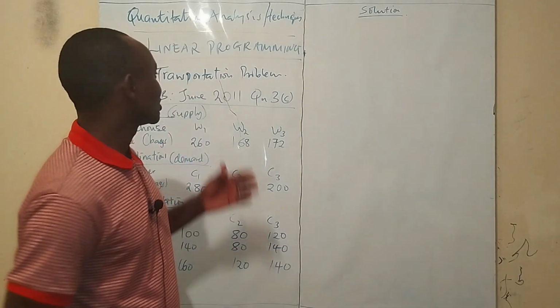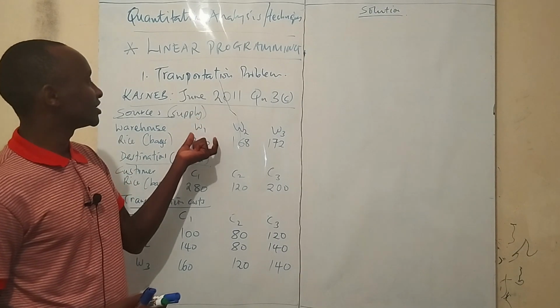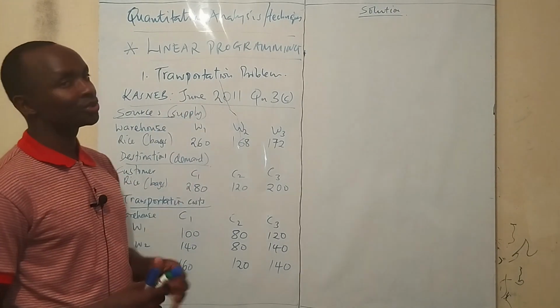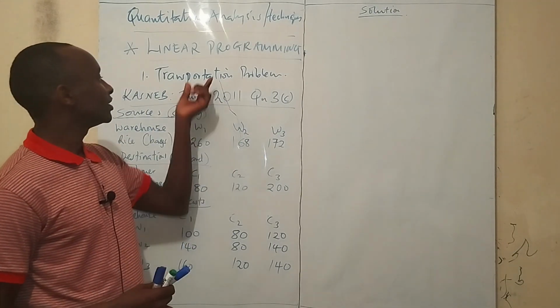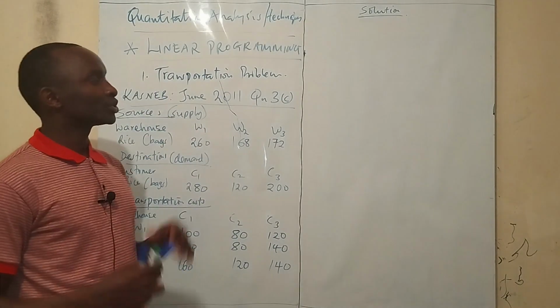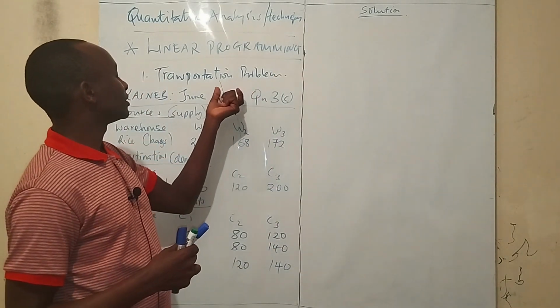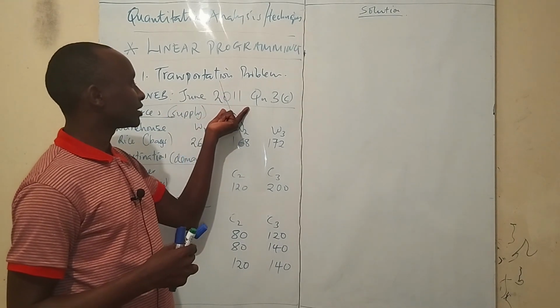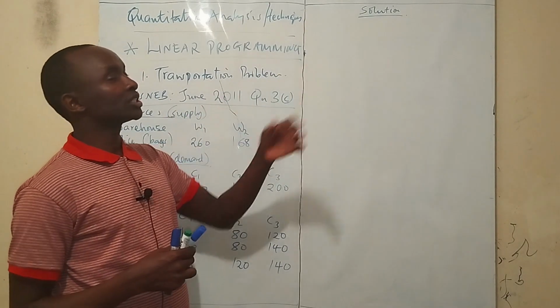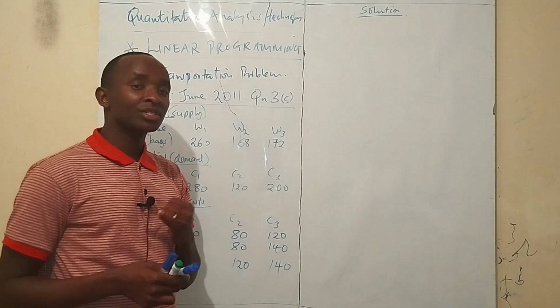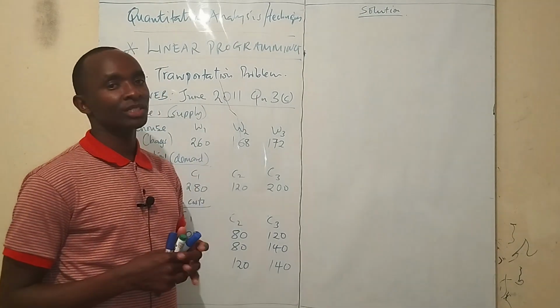Today we're still moving on with trying to solve this question, KASNEB June 2011 question 3C on transportation problems. So far in our previous sessions we've looked at solving this particular problem using Vogel's approximation method and the northwest corner rule.